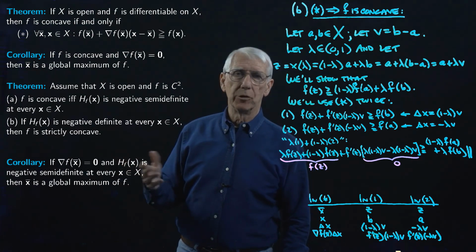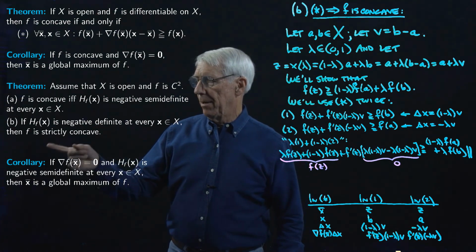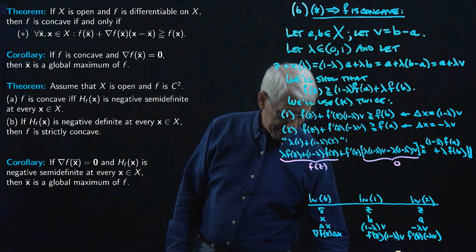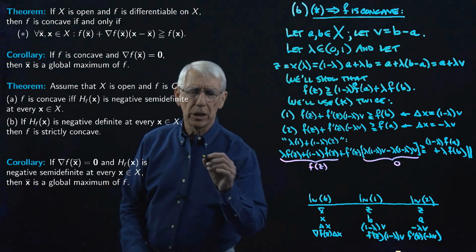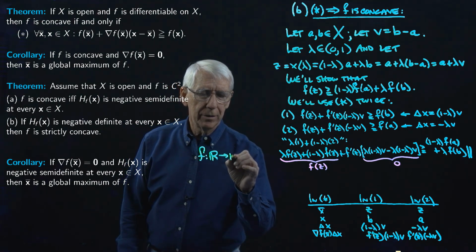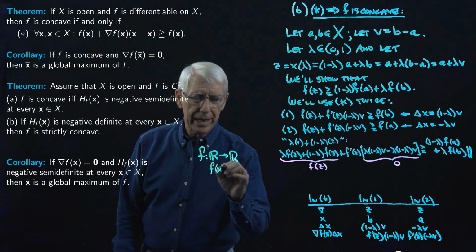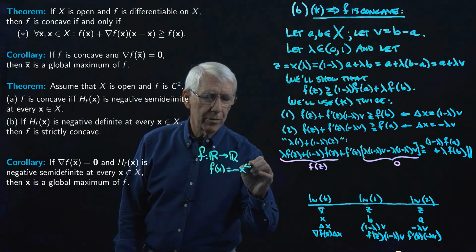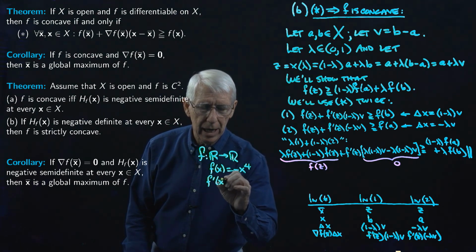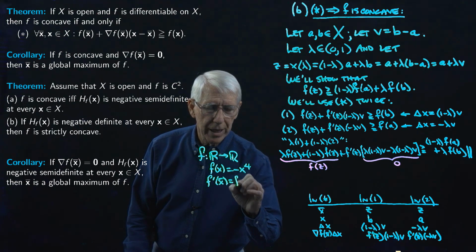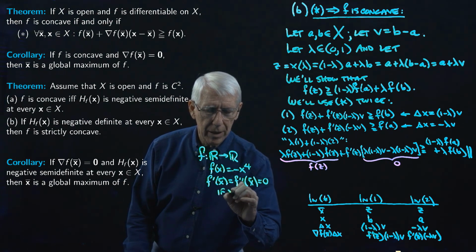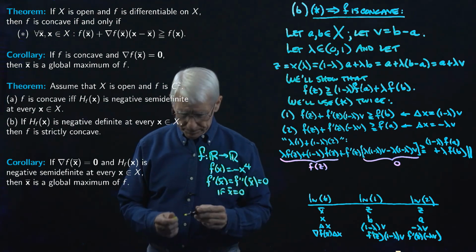Let's just suppose that we're in R1, so the matrix of second partials is just the second derivative. Suppose we have the function f from R into R, where f of x is, let's say, minus x to the fourth. For that function, we have f prime at x bar equals f double prime at x bar equals 0 if x bar is 0.